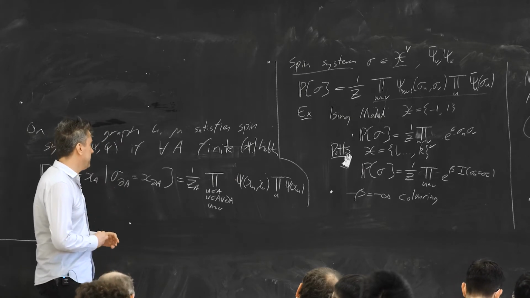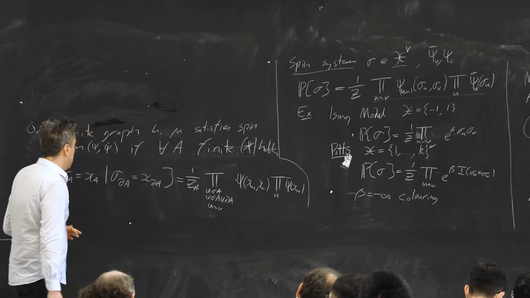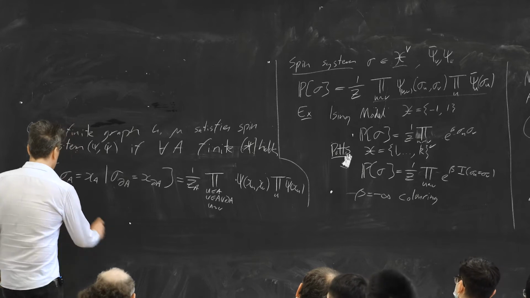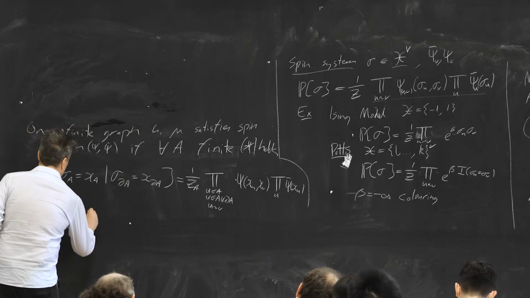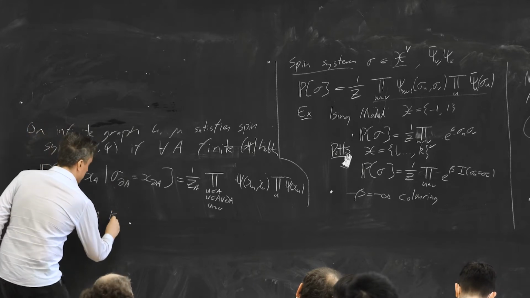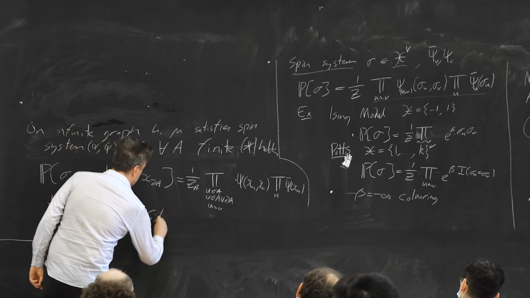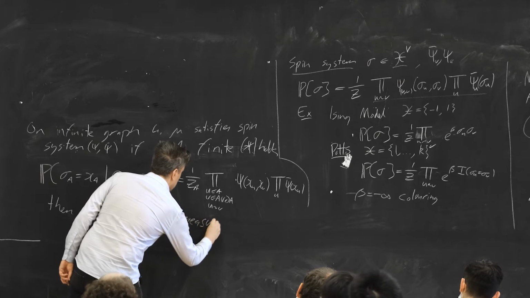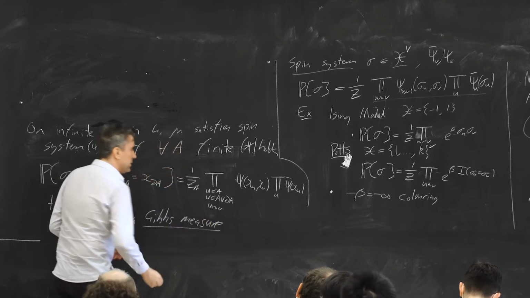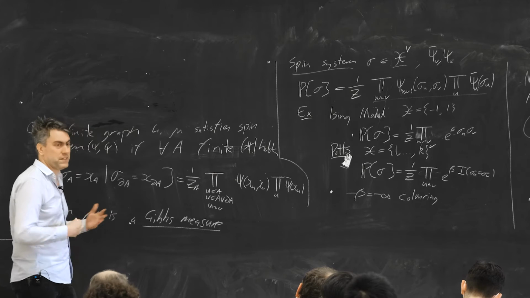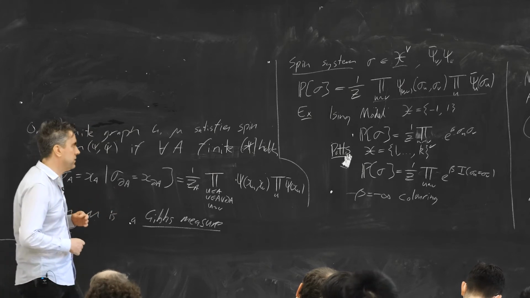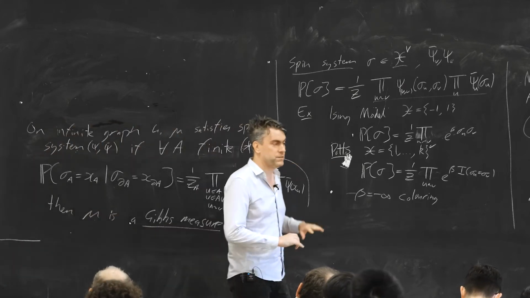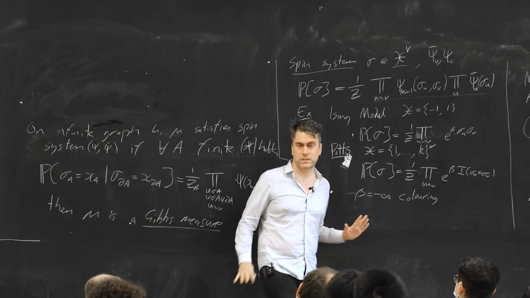Then we'll say that mu is a Gibbs measure. And basically it's just a way of extending this spin system we defined on finite graphs to one on infinite graphs.